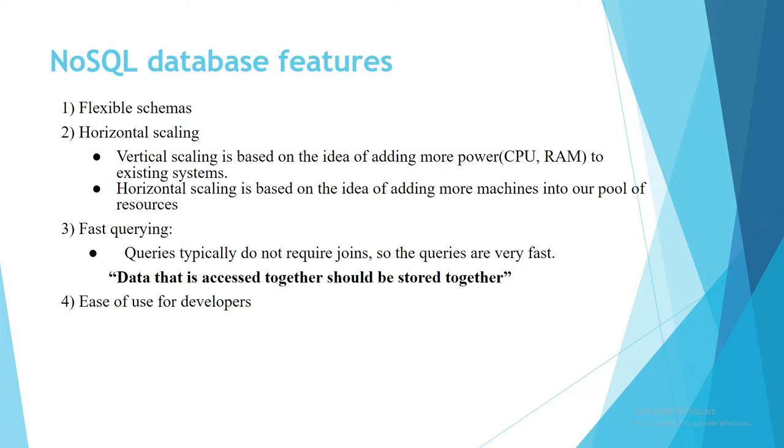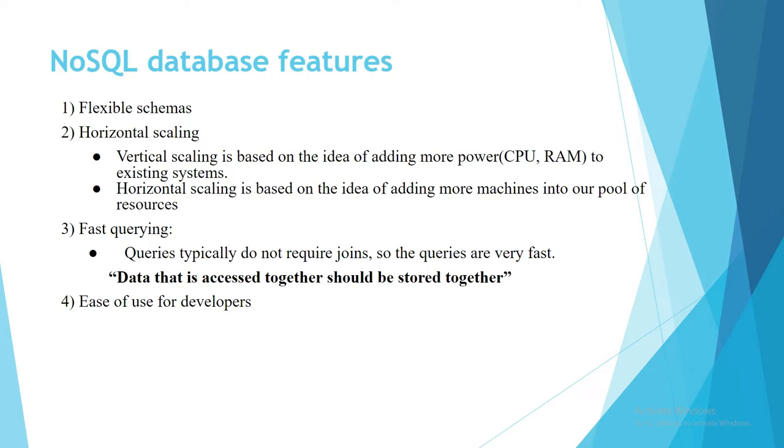Instead, we buy a new server with 4 GB or 8 GB memory, whatever we require, and completely copy the data from the old database to the new database. We are migrating the complete database; we cannot extend the existing database. But if you want to add extra power like CPU or RAM, we can do that. That process is called vertical scaling.